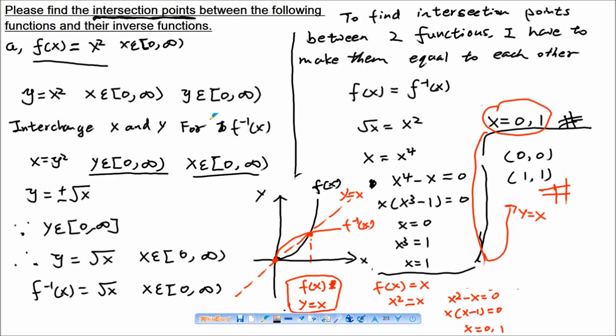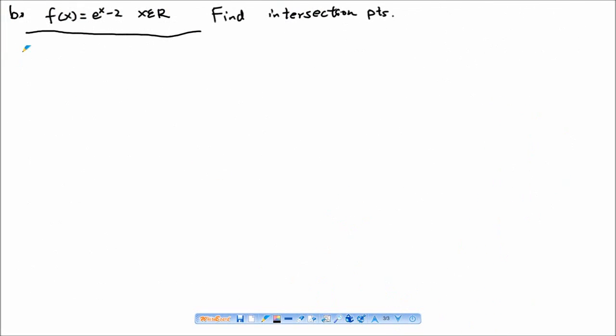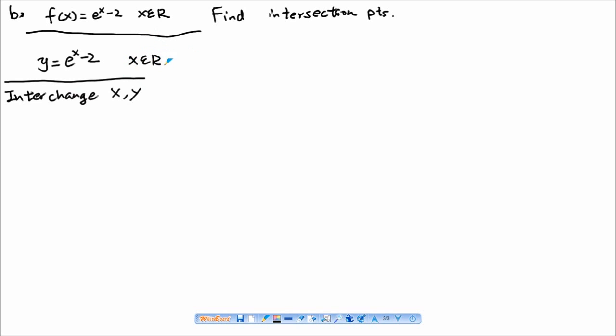The first thing is we need to find the equation of the inverse function. So the original function is y equals e power of x minus 2. We do an interchange of x and y. The domain is x belongs to R.